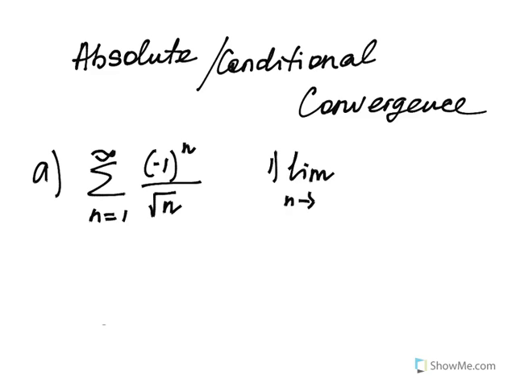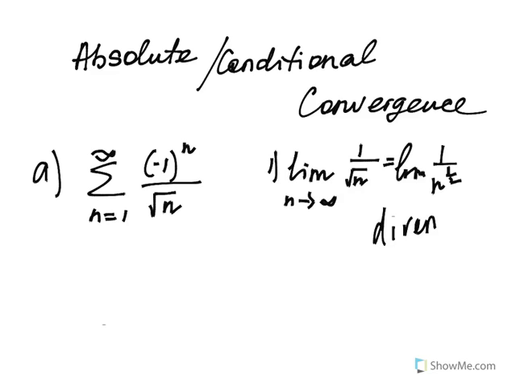I'm doing the nth term, sorry, I apologize. As n approaches infinity, you do the square root of n, and it gets bigger and bigger and bigger, the whole limit approaches 0. So the first condition works.